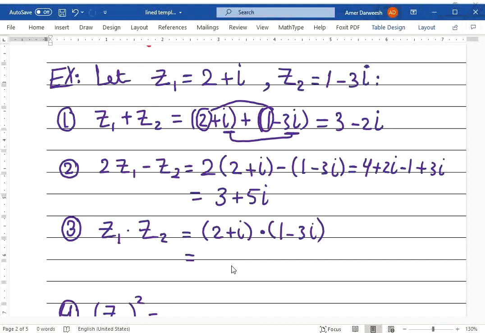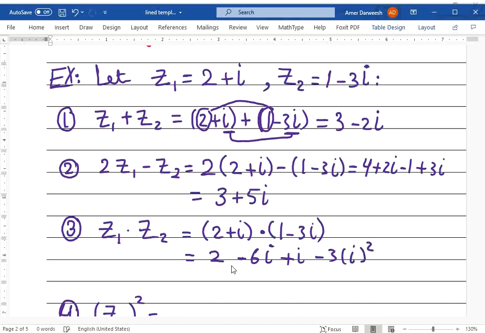So 2 times 1 is 2. 2 times minus 3i is minus 6i. هلا رايحين نوزع i على الواحد والسالب 3i. So i times 1 is i and i times minus 3i is minus 3i squared.